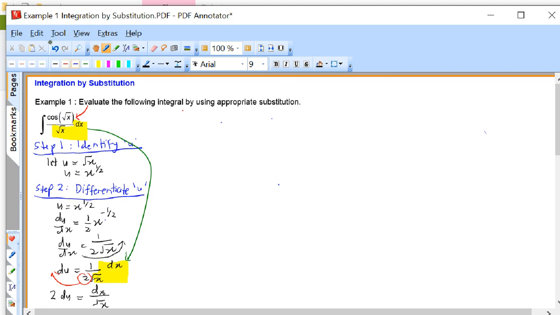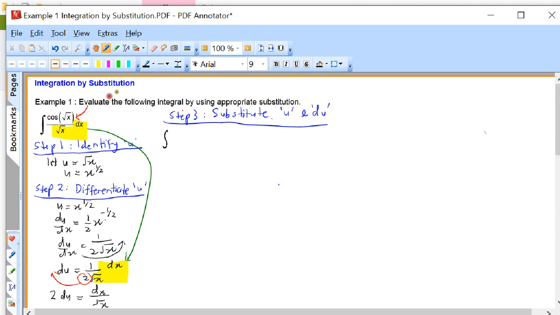Then we move on to step number 3. Step number 3 will be, you will substitute the u and also the du into the original function.